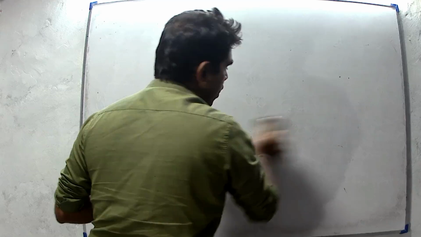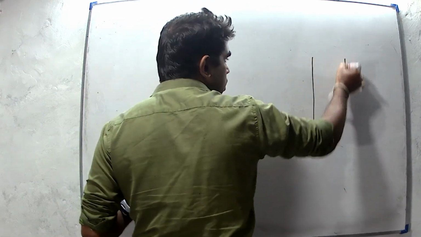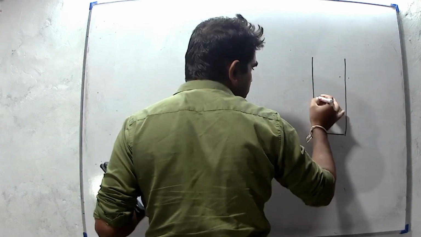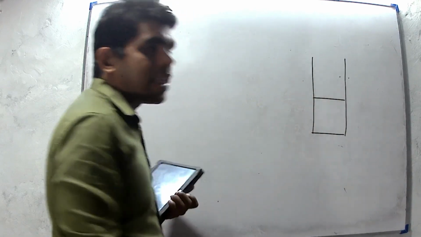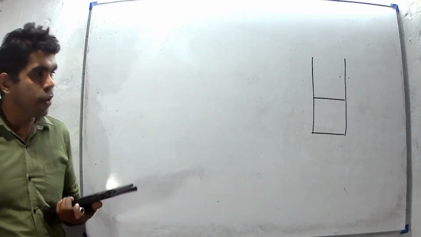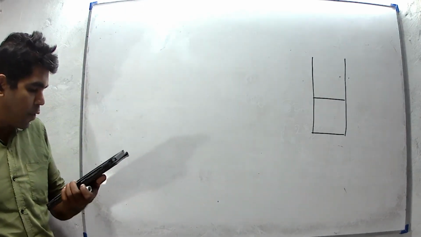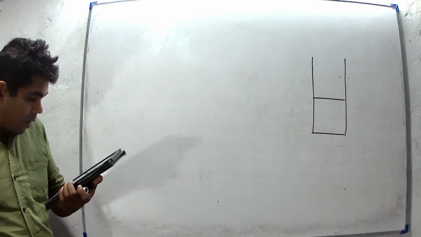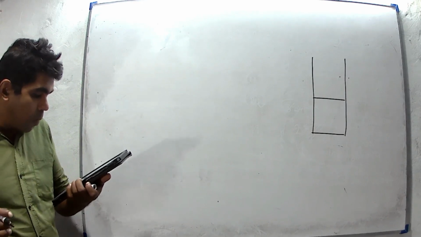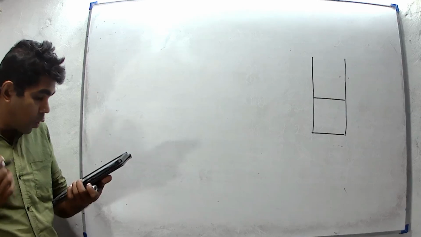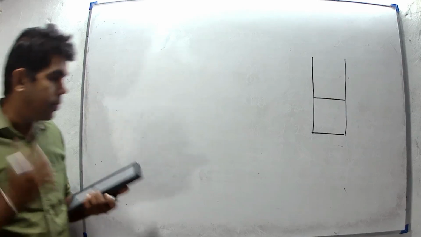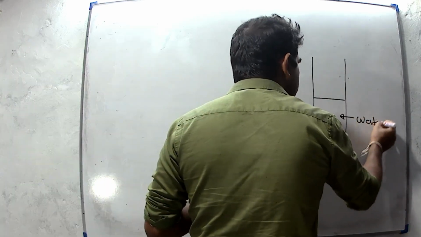I will draw a diagram. Now there are two layers. They have given that liquid is floating on water. Water is slowly poured so that liquid floats on water. In water, liquid.